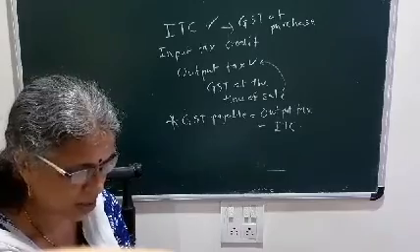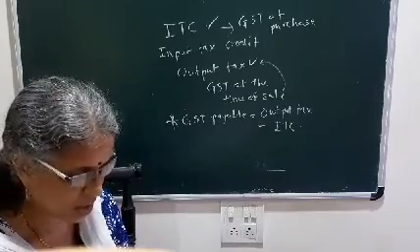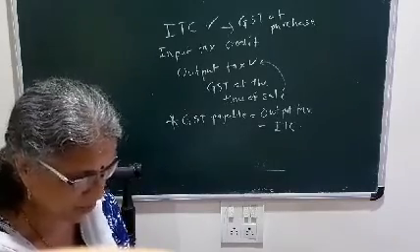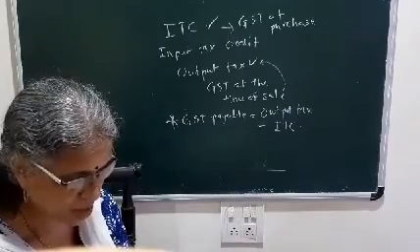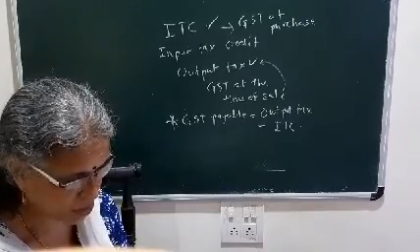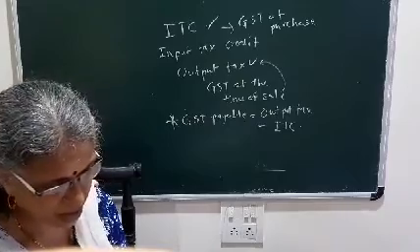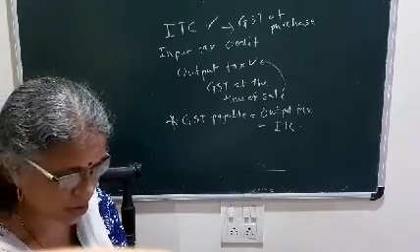While paying taxes to the government, each trader in the trading chain subtracts the tax paid at the time of purchase from the tax collected at the time of sale and pays the remaining tax. Followed? This is a very important sentence.